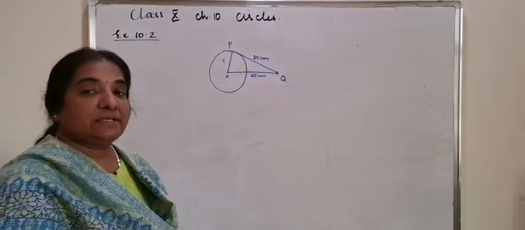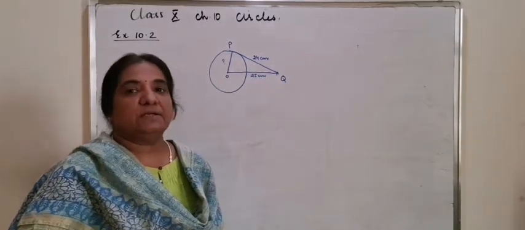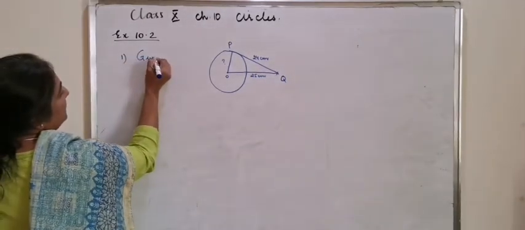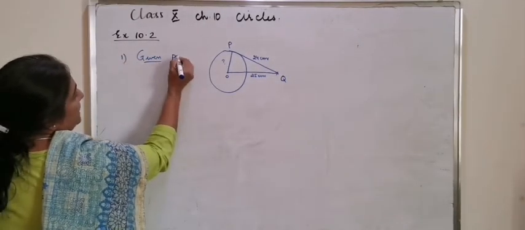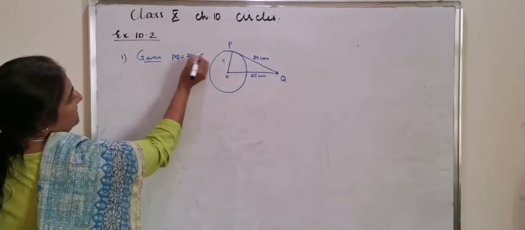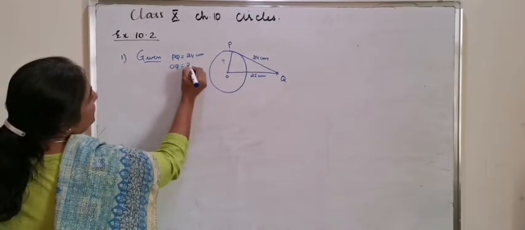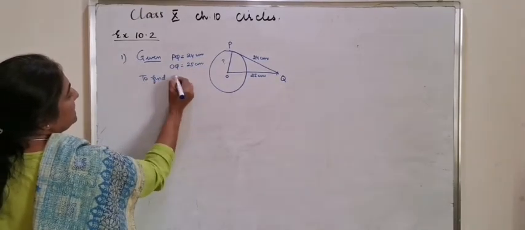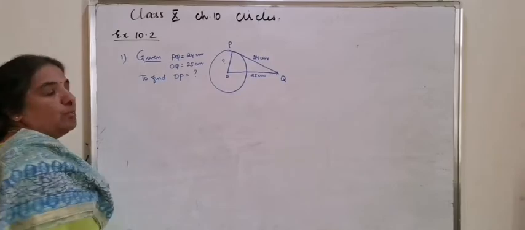This type of question is very important for the mark question. So the given conditions are PQ is equal to 24 centimeters, OQ is equal to 25 centimeters, and what is to be found is the length of OP.